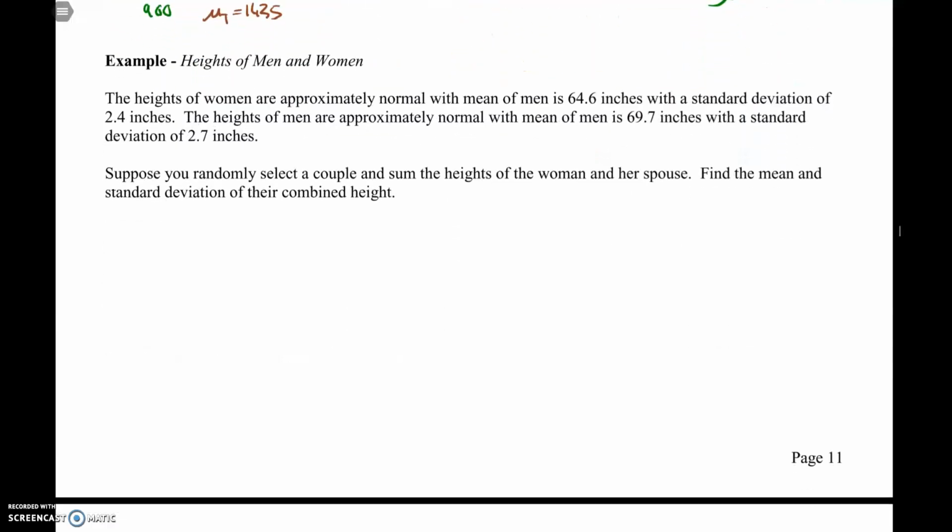Heights of men and women. The heights of women are approximately normal with the mean of that. I think I got a typo here.